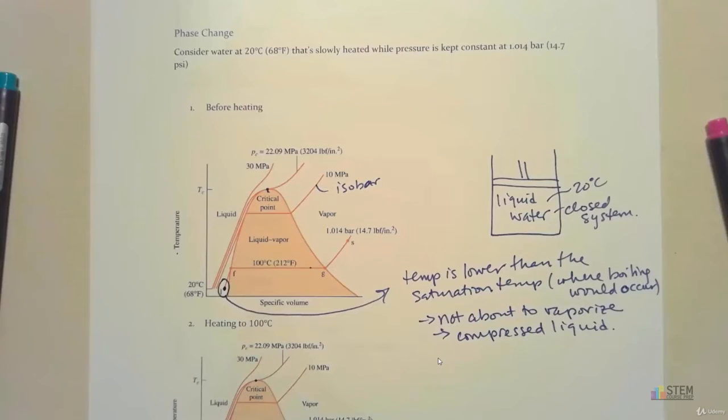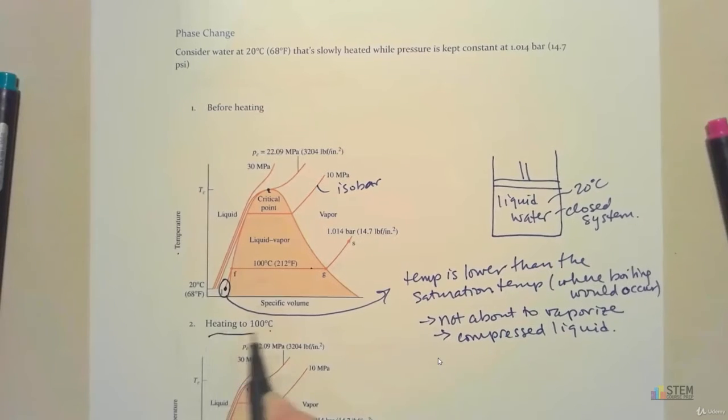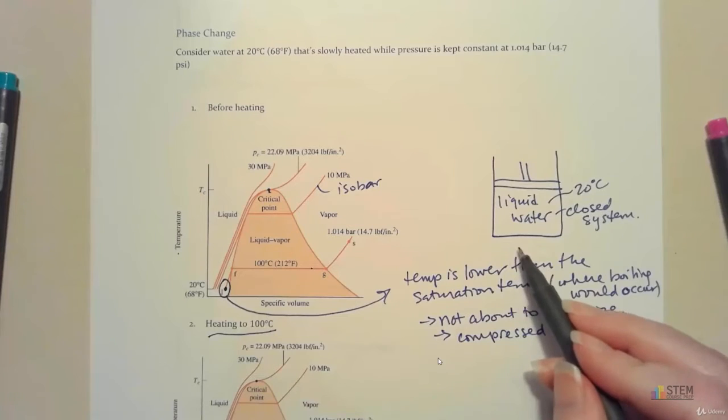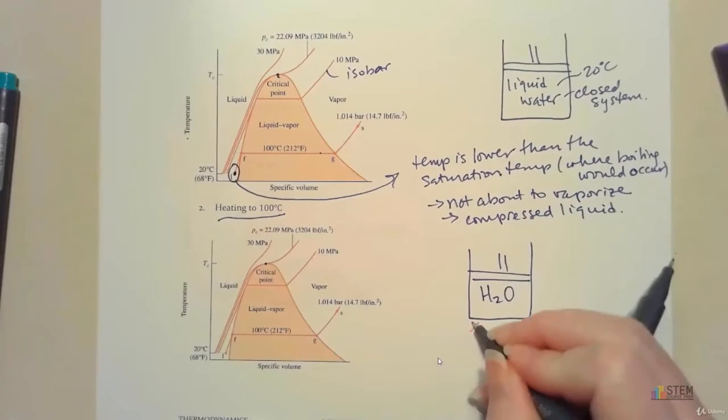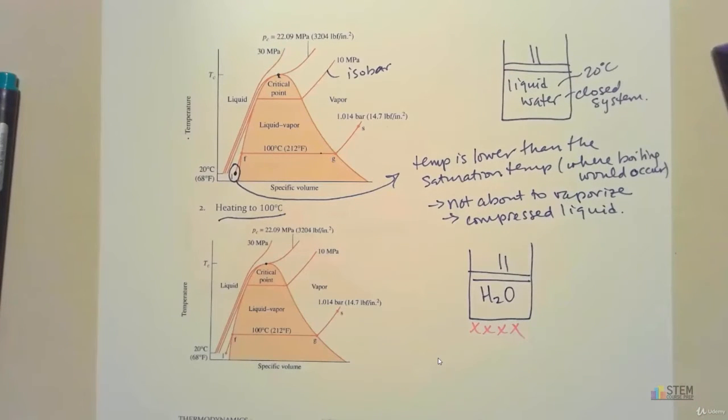Okay, now what we're going to do is we're going to start to add heat. All right, so we're heating to 100 degrees Celsius. So we're going to add some heat here. So let's draw our little system again. So we got our piston, here's our water, and we're going to add heat.